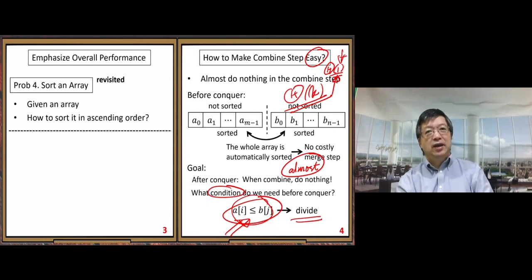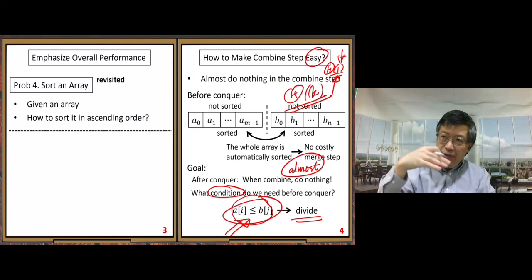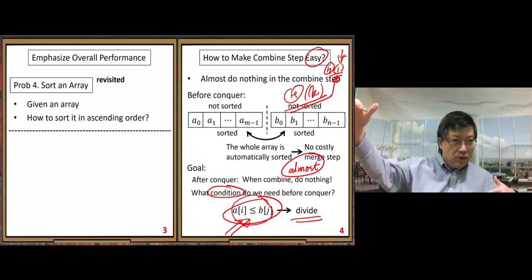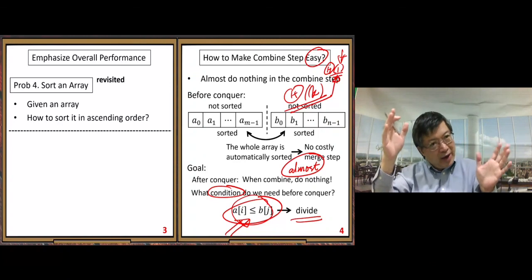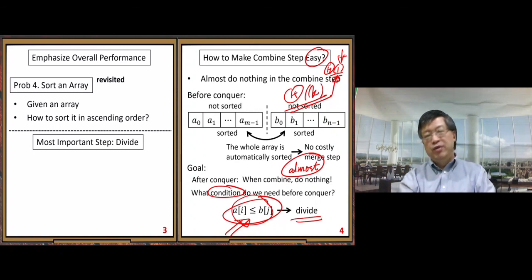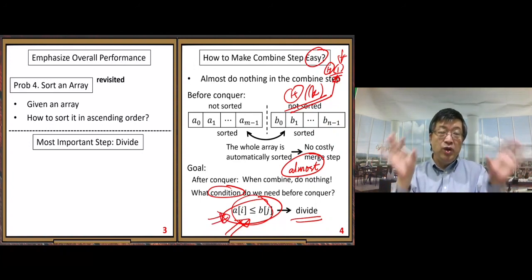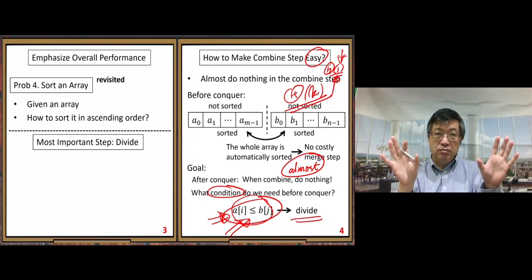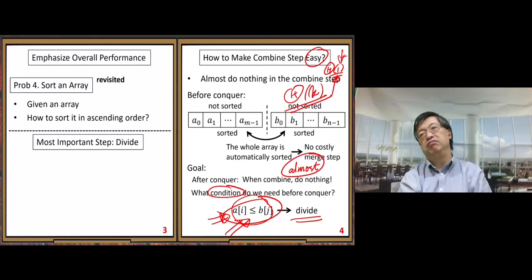Before we go to the next step, let me summarize a little bit. We went through a long analysis path. The most important step is the divide step. If we can do it in a way that satisfies this desired condition, we almost get our final solution.